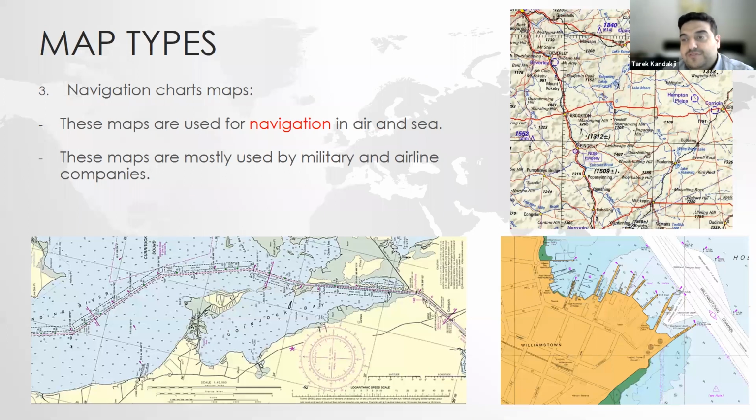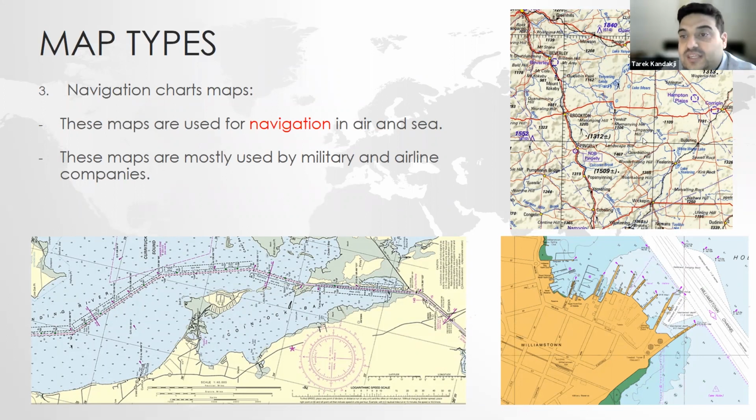Or if they want to do some sort of investment in a certain country. All this information is very important for military purposes, and also for airline companies. When airlines want to decide the pathway of the airplane, they use navigation chart maps, and it's very important.